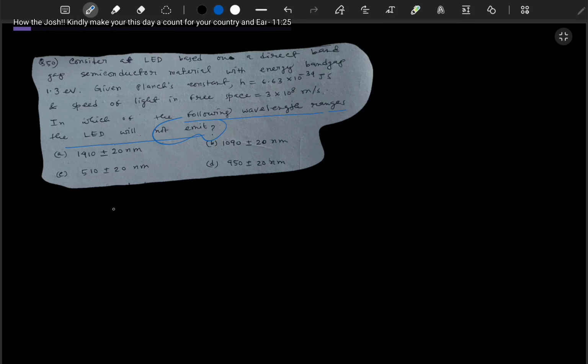LED will not emit when the energy needed for emission is less than or equal to the band gap. Now the cutoff wavelength is 1240 by Eg.